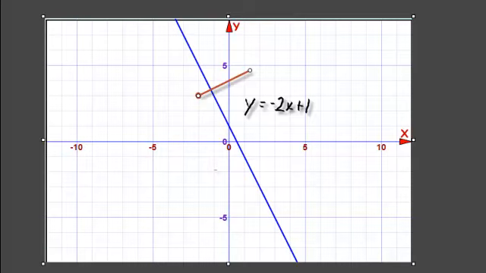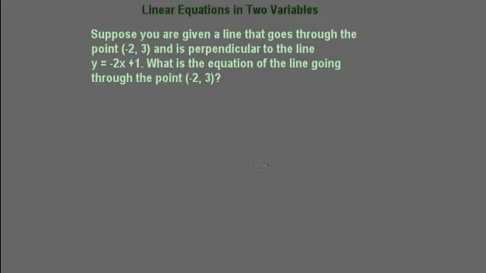So let's go find the equation. First off, we need to figure out the slope of the line that they gave us. Reading off of this right here, the slope would be negative 2. But that's not the slope of the line that we're supposed to find.